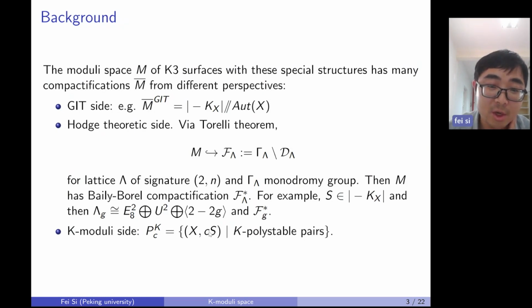Then we enter a coefficient c here to ensure this is a log Fano pair. Then you may consider the K-moduli compactification for these pairs. If X has no deformation, say it is rigid, then the whole moduli space appears on the K3 side. So this will give you some compactifications for the moduli space of K3 surfaces.